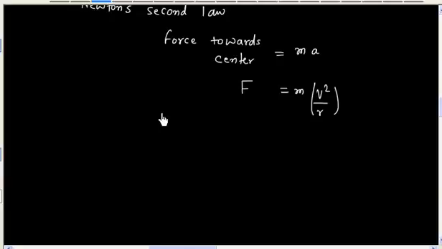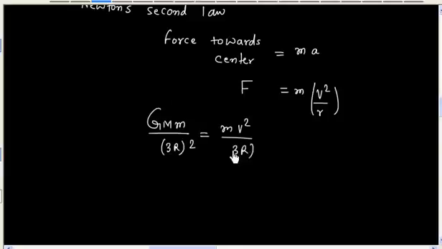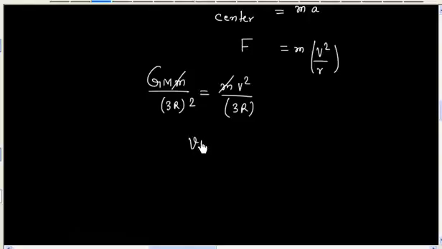In this case, force is GMm by 3r square and r is 3r. So v square is GM by 3r.